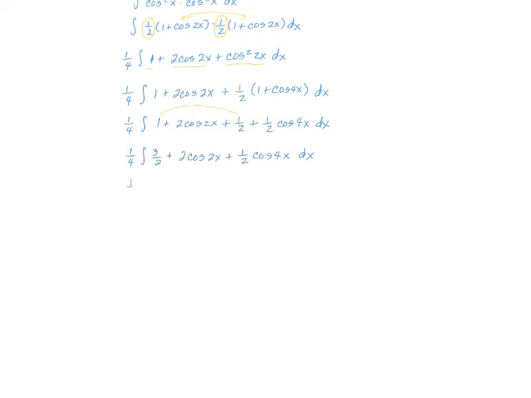So the integral will be 1/4 times 3 over 2 x plus, and then recall that the integral of cosine is going to be sine, right? The argument will stay the same. So it's sine of 2x, but we have to divide by 2. So the 2's are going to end up canceling, and I'll end up with sine of 2x.